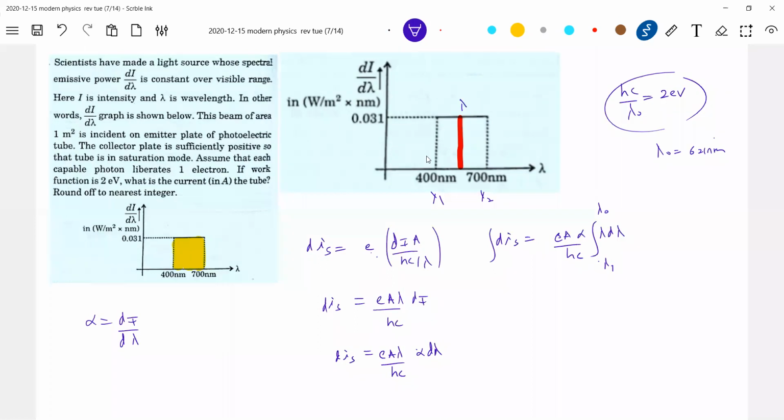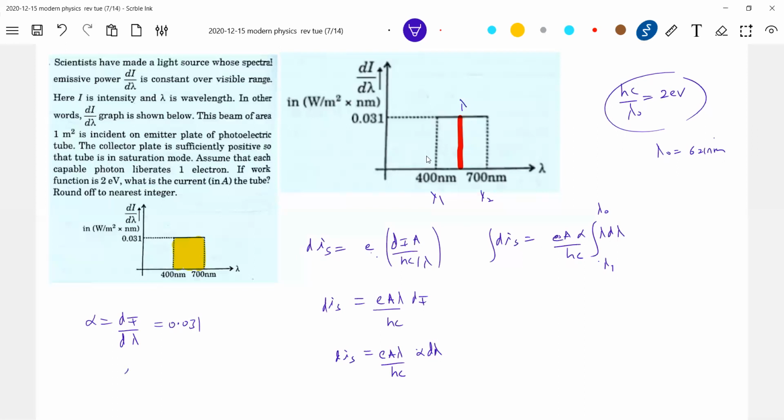The work function is given. What is this? This is the saturation current that flows per particular photon of wavelength lambda, where the intensity of that is dI. Then dI I'll substitute from here, where alpha is 0.031. Now I'll integrate.